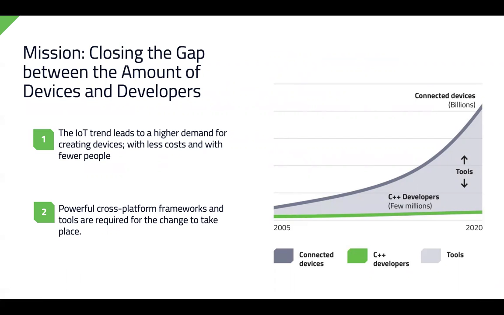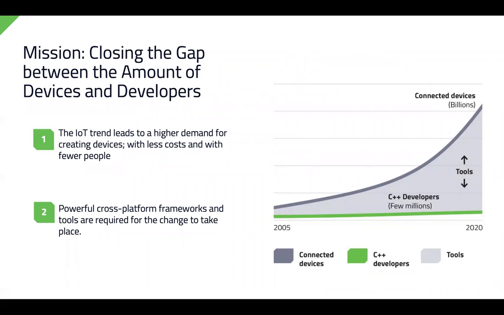To be able to overcome that gap, we see it as our mission to provide you with tools and frameworks that make this easier, that simplify writing the software that you need to create those devices or applications on the desktop or on mobile devices. This is really our mission.